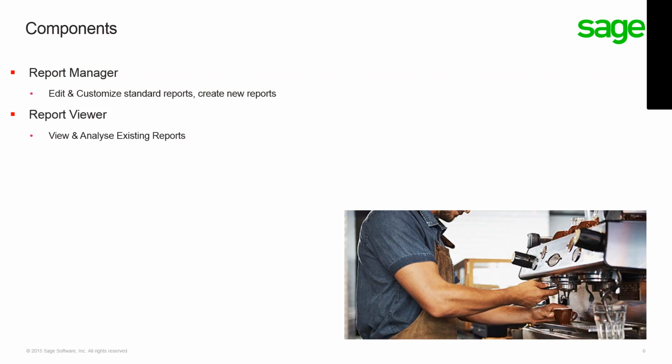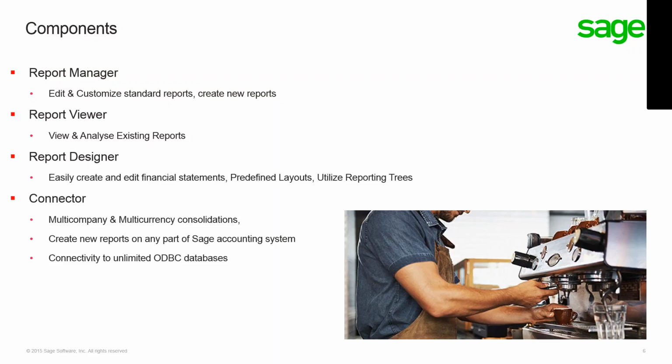The Report Viewer is where, as I say, the consumer of data, you're not going to create the report there, but it gives you the ability to access a previously created report, view, and analyze that data. And then the Report Designer, think of this as the financial report designer, if you will, to easily create and edit financial statements with predefined layouts and utilize reporting trees.